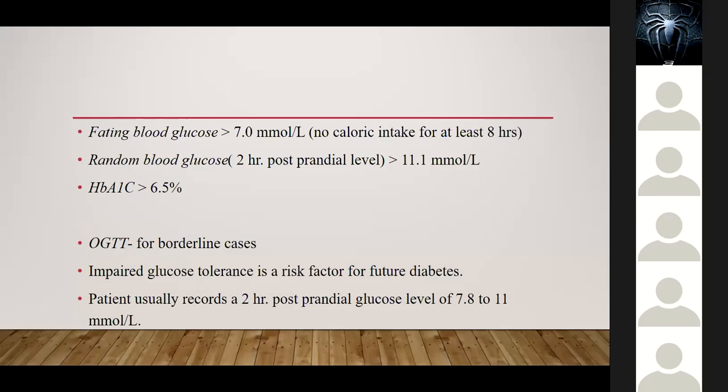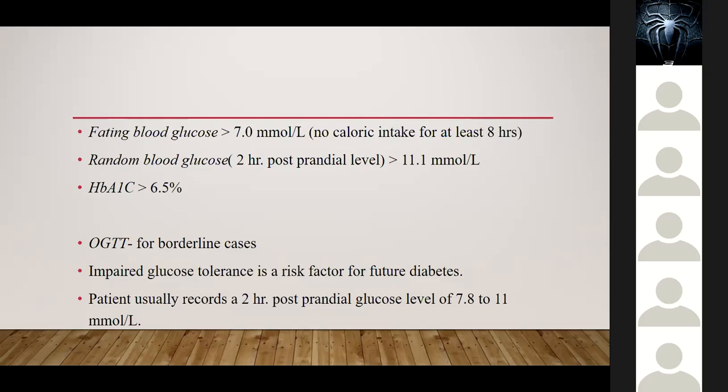In terms of diagnosis, we're saying that once you have a fasting blood sugar, that is if you haven't eaten anything for at least 8 hours and we check your sugar, it should be less than 7.0. If your sugar is above that, then we would want to get evidence of you being diabetic.